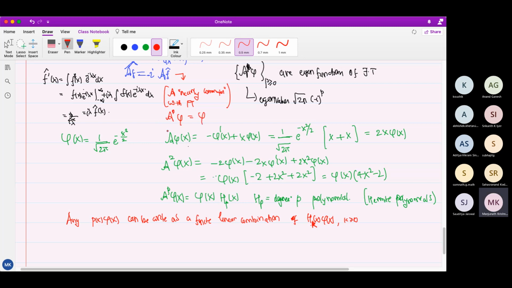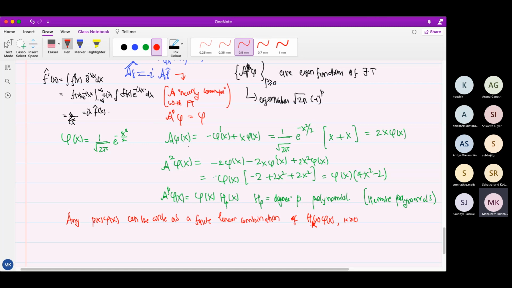That is also part of our family, along with the first, second, and so on. You can compute all of them explicitly. But any polynomial times phi of x, you can write it in terms of these, because these are exactly degree p.